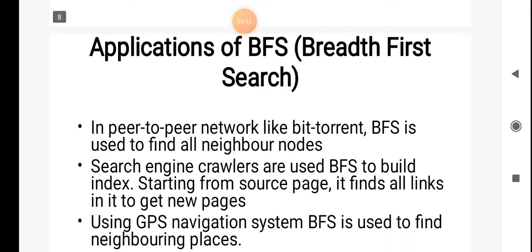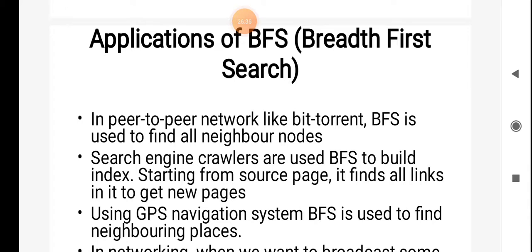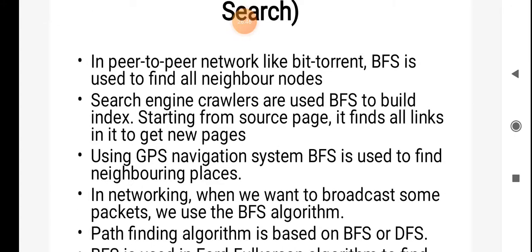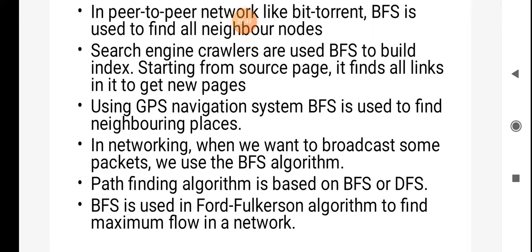Then mainly, what are the applications of BFS? It is used in peer-to-peer networks like BitTorrent, where BFS is used to find all neighbor nodes. Search engine crawlers use BFS to build an index, starting from a source page, finding all links in it to get new pages.